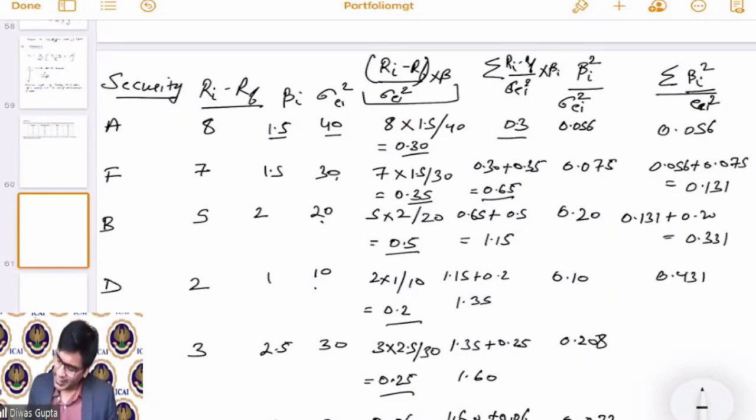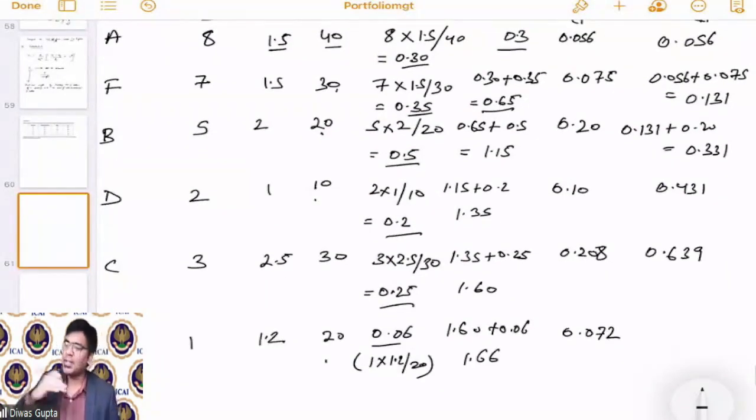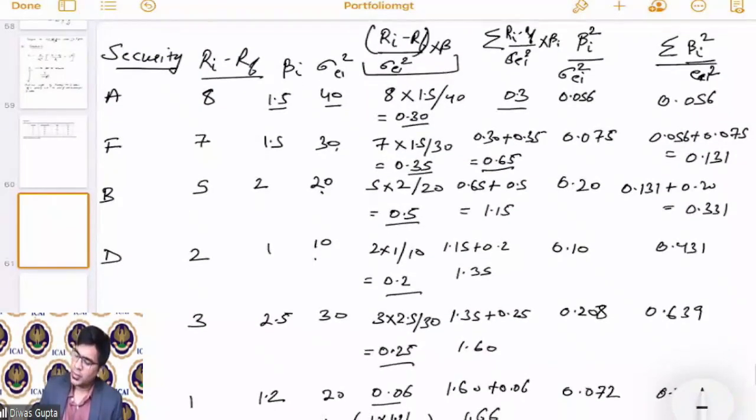Then next is 0.639, just taking the running summation, 0.711. So now the piecemeal calculation has been done for numerator and denominator, and now we have to finally calculate the C.